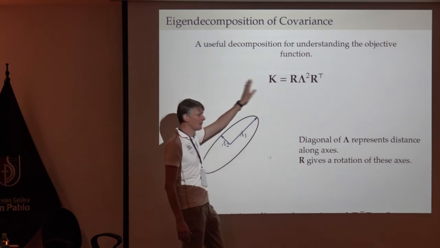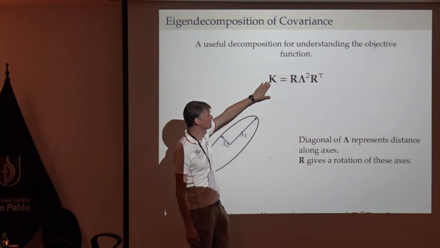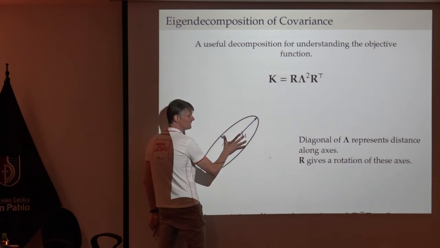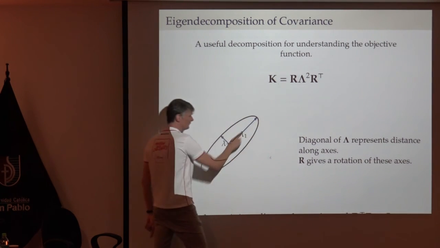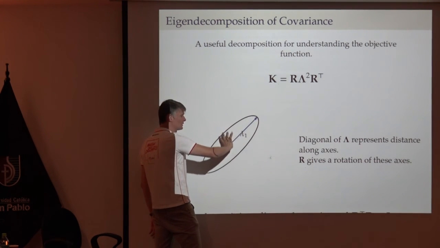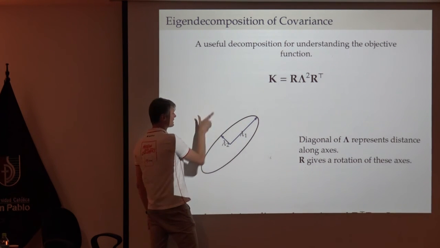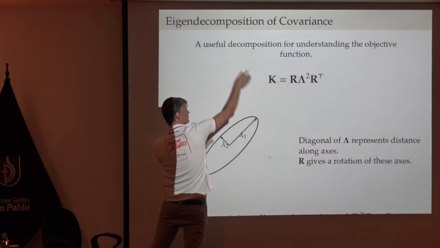The eigenvalue decomposition of the covariance matrix says that you can represent any covariance matrix by principal axes, which are represented by a diagonal matrix lambda, so the length of each axis, and a rotation permutation matrix, which moves those axes around. So the way I get this covariance matrix is I start with a standard axis, I scale one of them up, and then I rotate everything around.